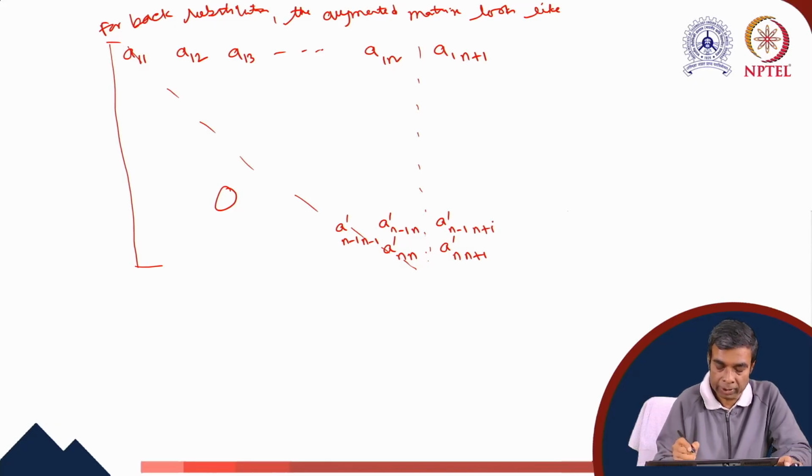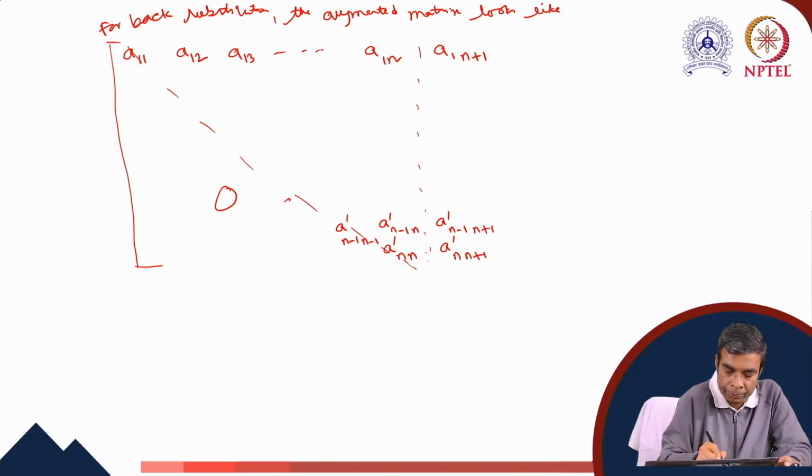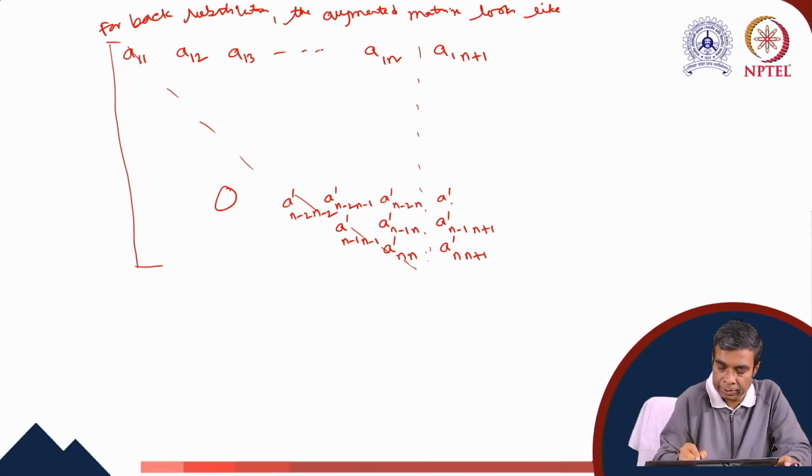In the third equation from the bottom, we have A dash n minus 2 n minus 2, A dash n minus 2 n minus 1, A dash n minus 2 n, A dash n minus 2 n plus 1.